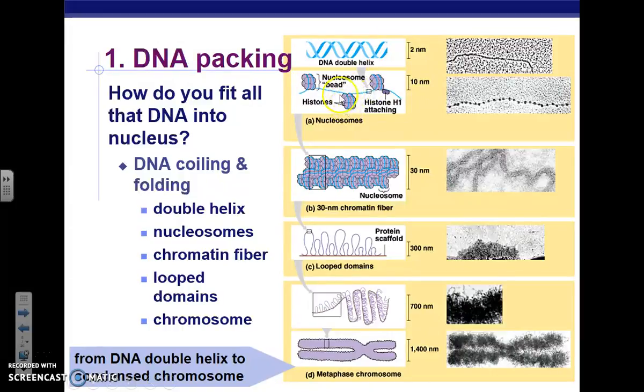If we take a look at the picture, these are the histone proteins, and the blue little line is the DNA. These histone proteins come together to pack the DNA. When you have DNA wrapped around a histone protein, there are 8 of them in this little circle, it's called a nucleosome. And then the nucleosomes compact together, and then the strands of nucleosomes pack together until you eventually get a chromosome.